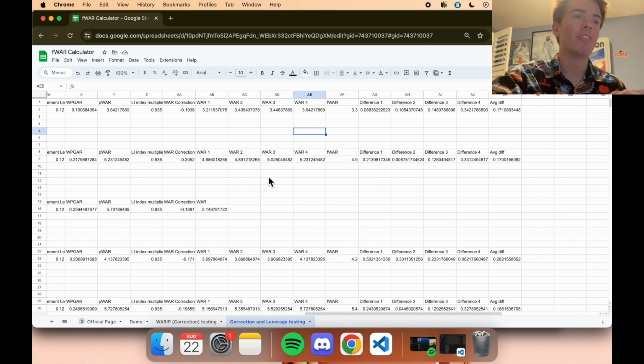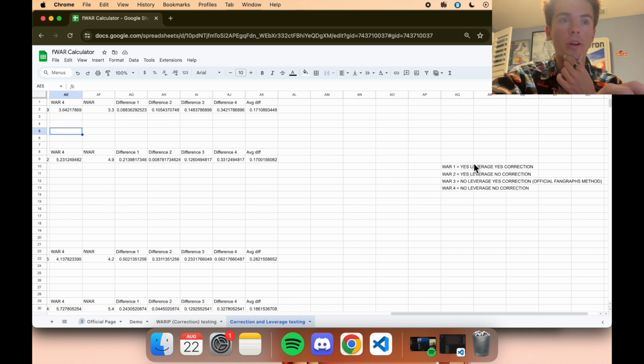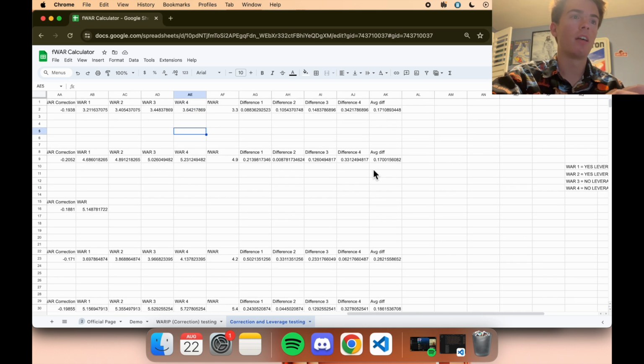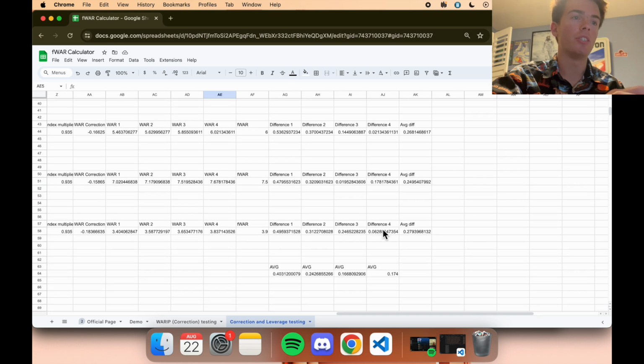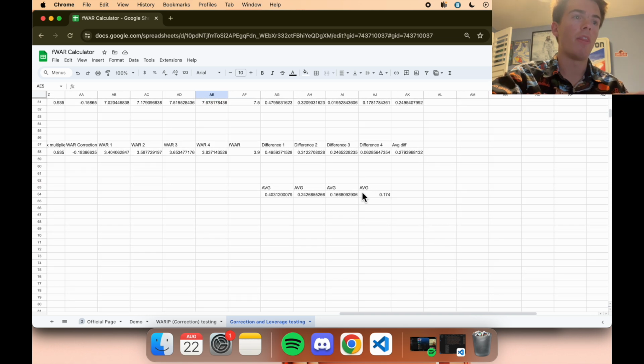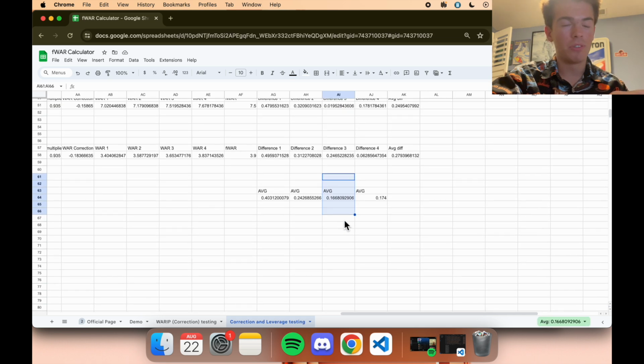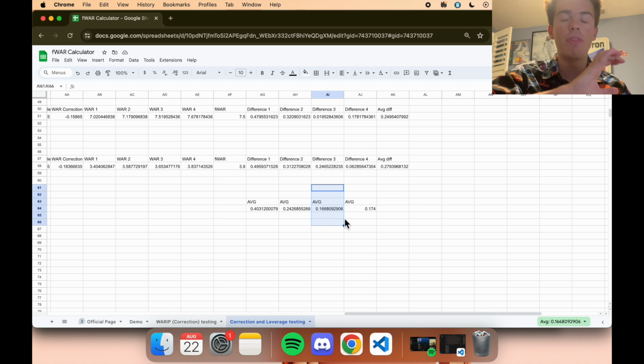Incorporating or not incorporating elements of leverage or correction, I found, by taking the average differences, that even though the Fangraphs example is a little bit out of date, it had the lowest difference between the WAR I calculated and the WAR displayed on the Fangraphs website, meaning that this is the closest to being right.